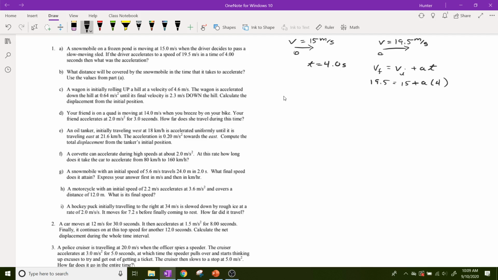So do some subtraction. I think that comes out to 4.5 equals 4 times the acceleration. 1.1? Okay, so the acceleration for that one is 1.1 meters per second squared. I'll write that over here because that'll probably be helpful to us.